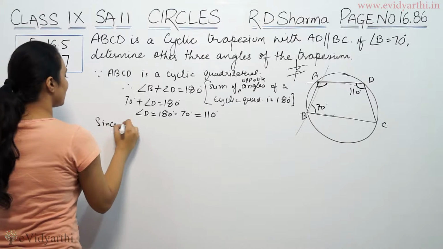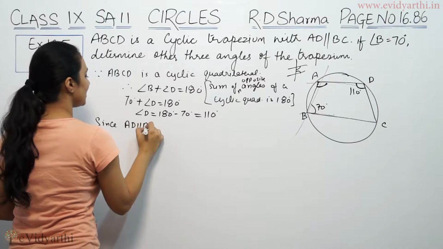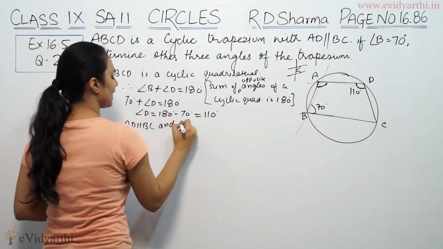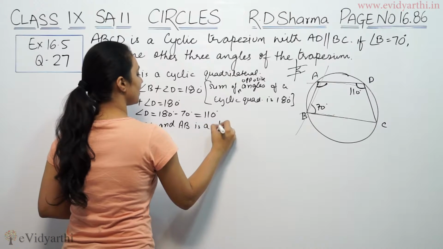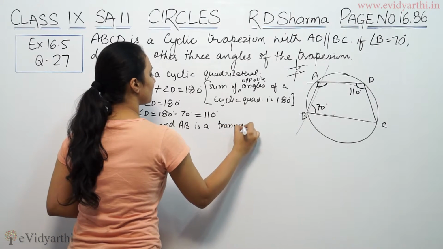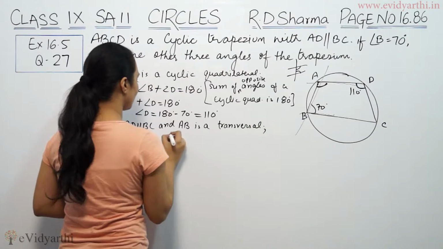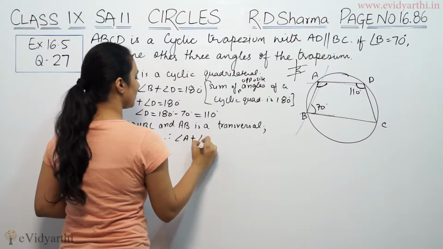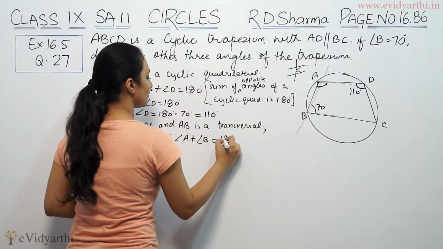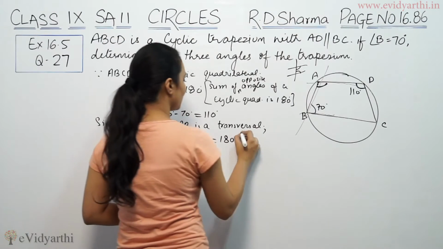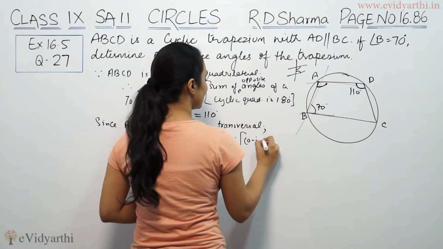So, since AD is parallel to BC and AB is a transversal, therefore angle A plus angle B is equal to 180 degree, which is co-interior angles.